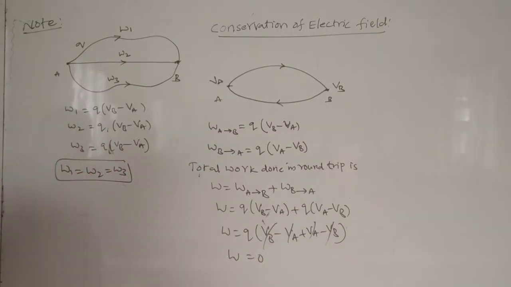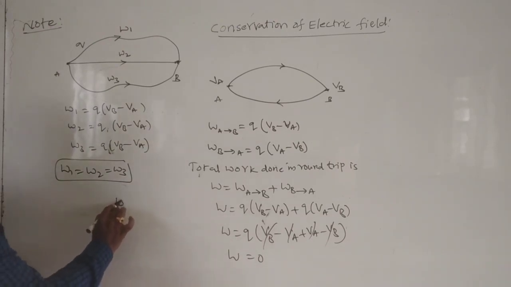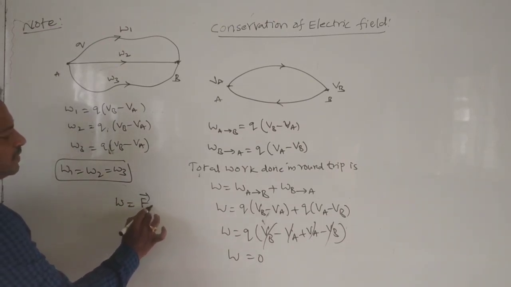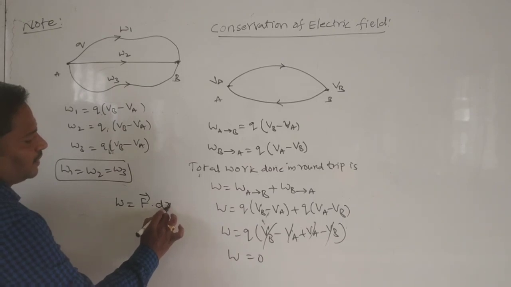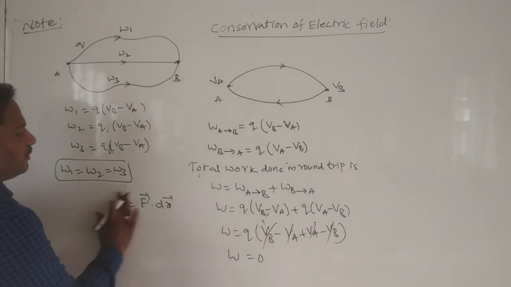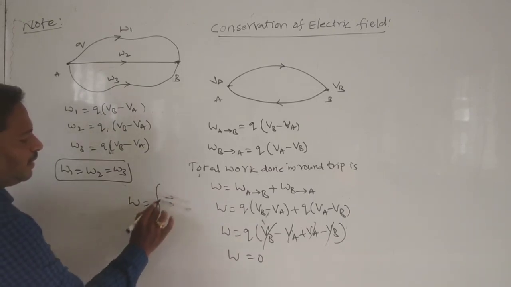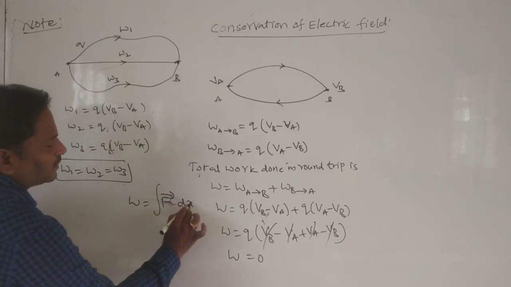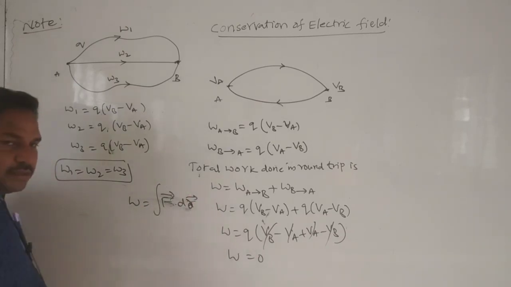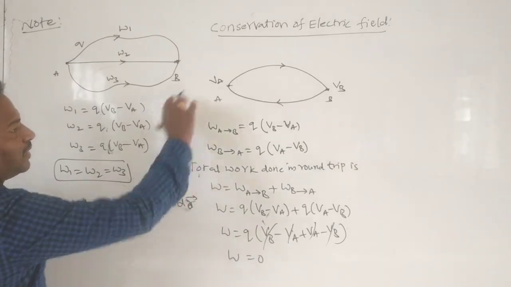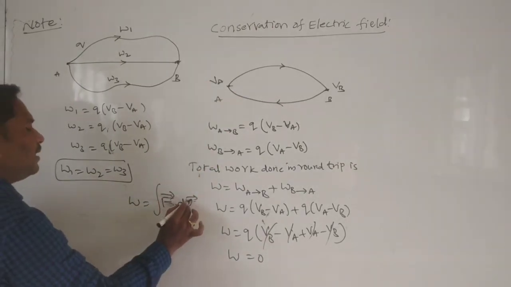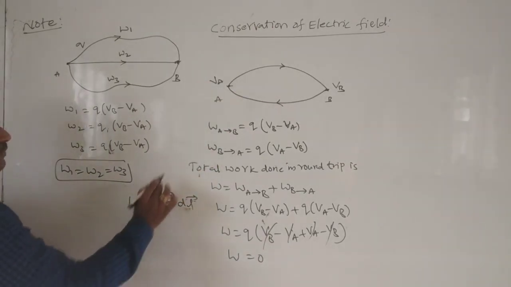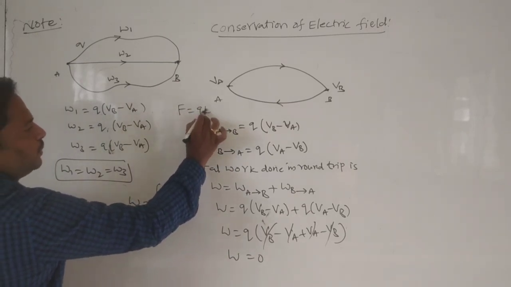So already, what is the work done formula? Work done is equal to force into displacement. So now we can write it as the integral of F bar dot dx bar, or dr bar, or we can write dl also. Already we know the formula F is equal to qE.